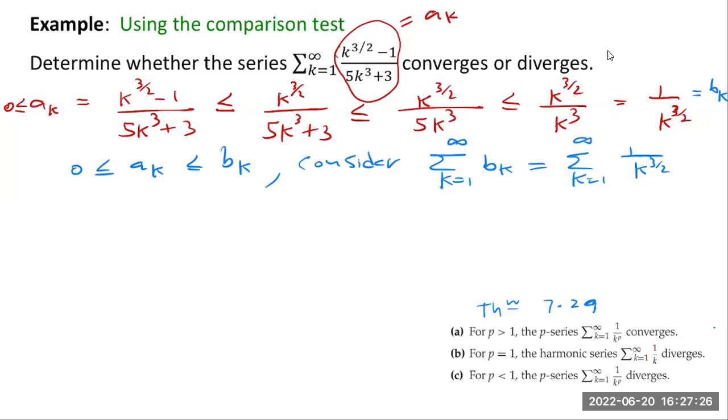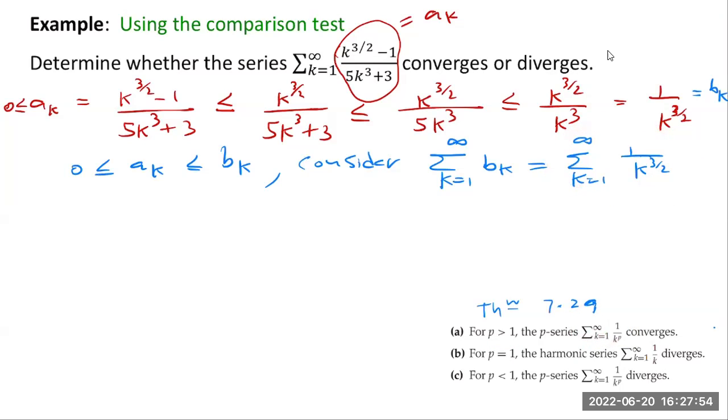From theorem 7.29 in the previous section, we know that this is a P series, with the value of P being 3 over 2. 3 over 2 means 1.5, right? If the P value is 1.5, which is greater than 1, we know that the P series converges. That means this series converges.